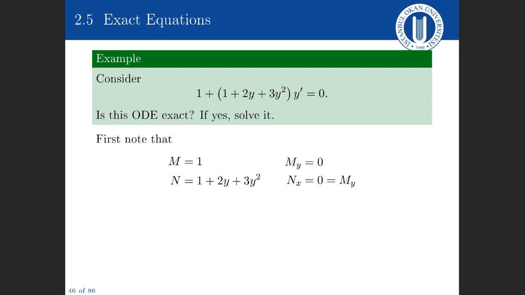N is the function 1 plus 2y plus 3y squared. So then Nx is equal to 0. Is this equation exact? The answer is yes. My is the same as Nx, so this equation is exact.